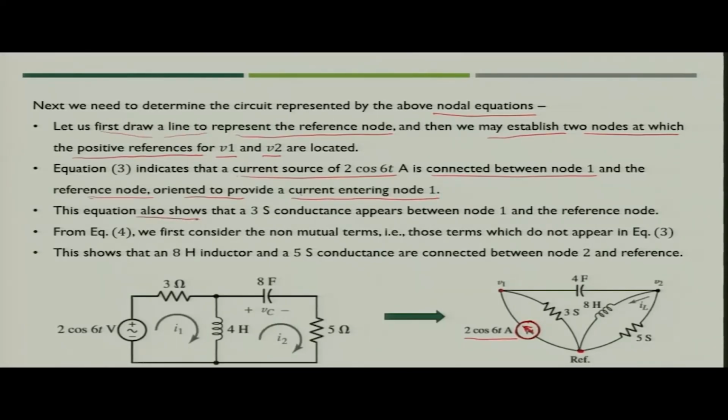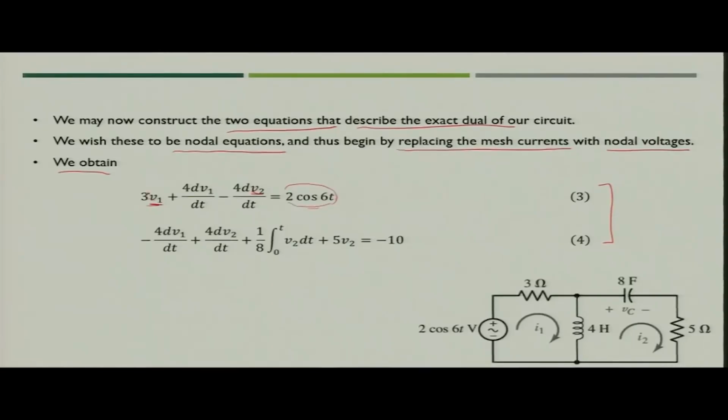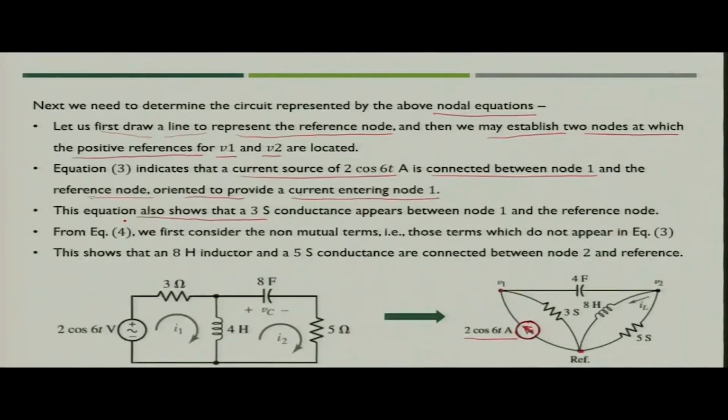Now, the equation has another component, 3V1. What is 3? 3 is nothing but conductance, because this represents a current value in the node equation. So, 3 Siemens conductance would appear between node 1 and the reference node, because in this case it is connected only in mesh 1.